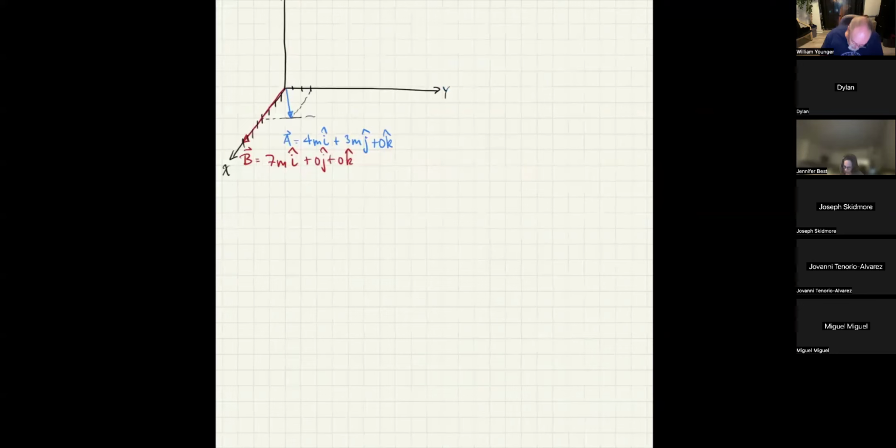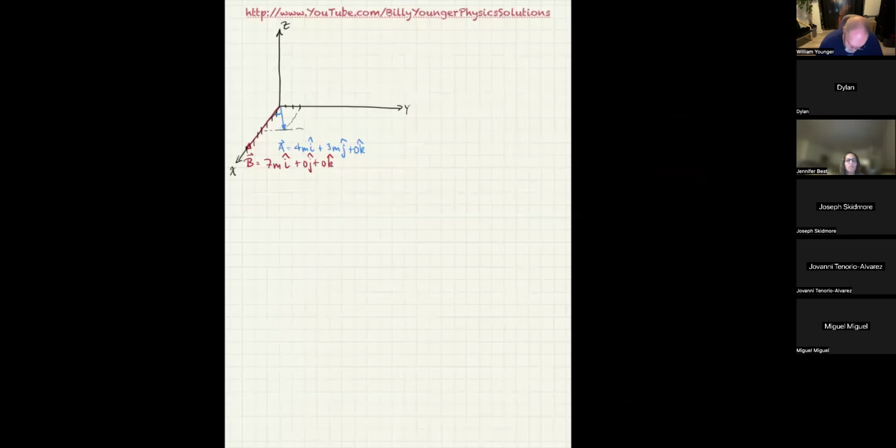So does anybody know what this angle right here is from what I've given you so far? Okay, that's a 3, 4, 5 triangle. And that should be 36.86 degrees, basically.